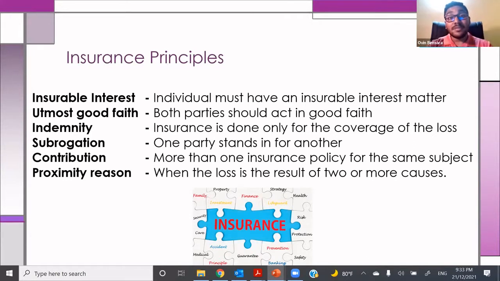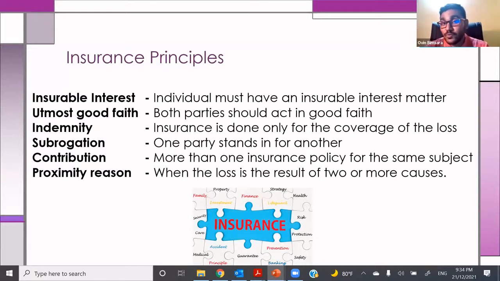Even the animals in the sea got negatively affected, and because of that Sri Lanka became a part of that incident. And due to that, Sri Lanka was entitled to get a claim from the insurance company, and this is what we call one party standing for another, or subrogation.